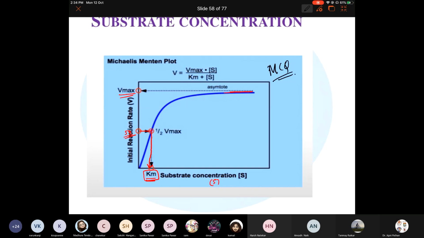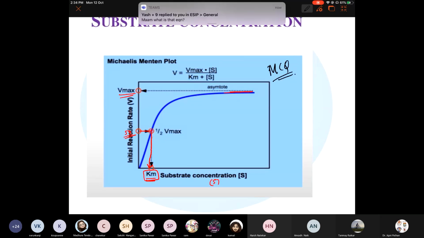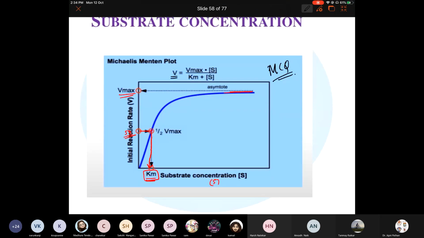Done? So if you want to know the initial reaction rate or the velocity, that is the Michaelis equation, where V is equal to Vmax into substrate concentration divided by Km plus substrate concentration.